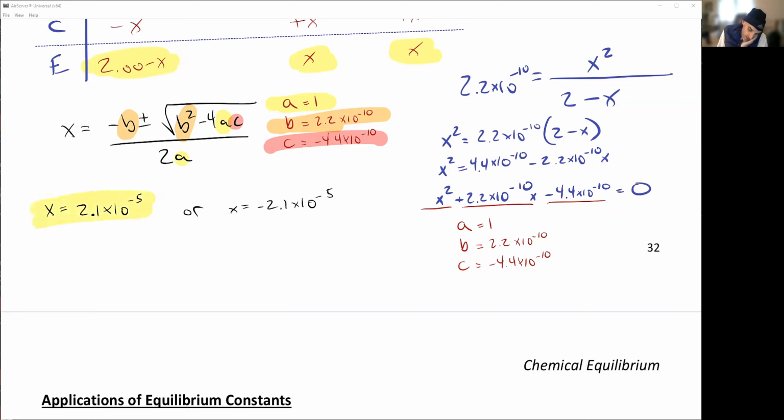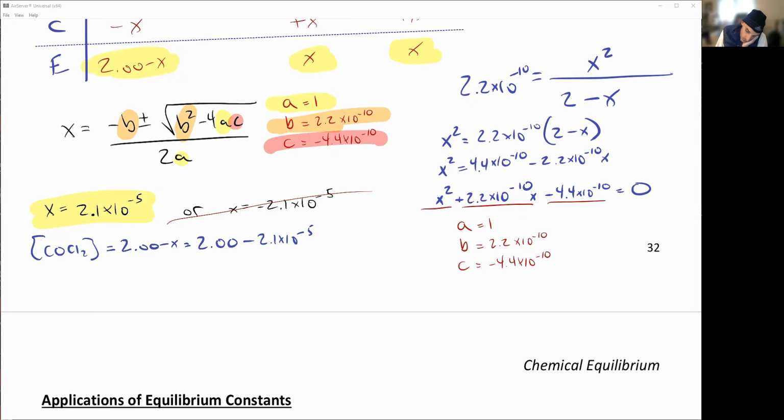We absolutely can. This is correct. This one would get tossed out because we can't have a negative concentration. So that makes sense as our X. Now the concentration of COCl2 is equal to 2 minus X, which is 2 minus 2.1 times 10 to the minus 5, which is essentially equal to 2 anyway.